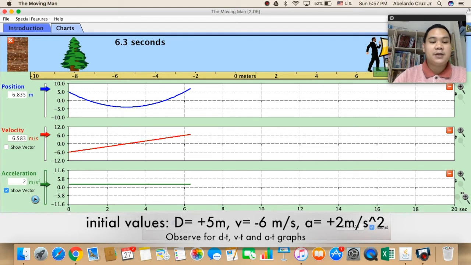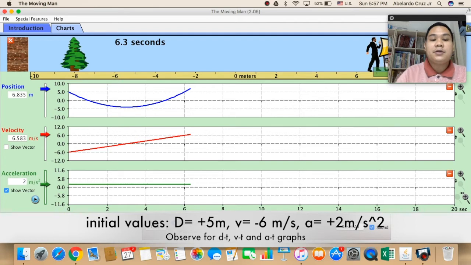What's happening here is at the start, there is a negative velocity. But since we have a positive acceleration, we can notice that the velocity changed, and therefore from negative it shifted, so that when it reached positive velocity, it changed direction.